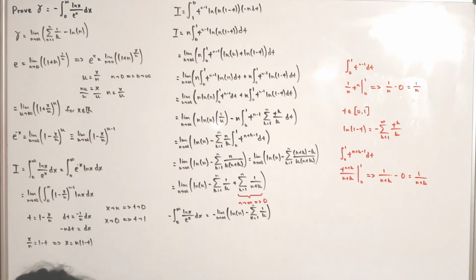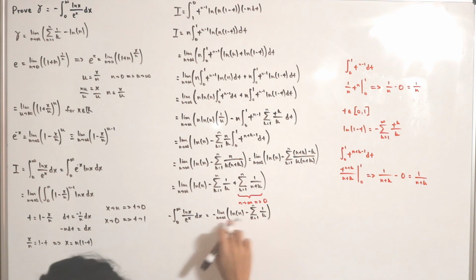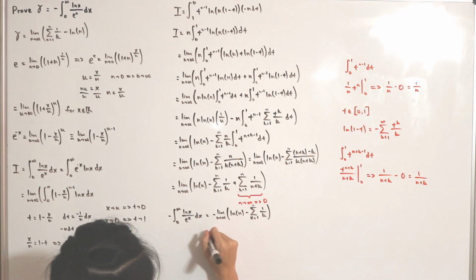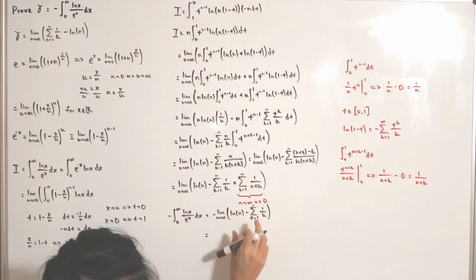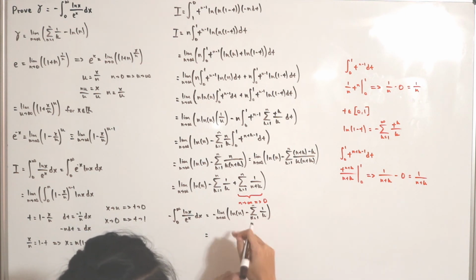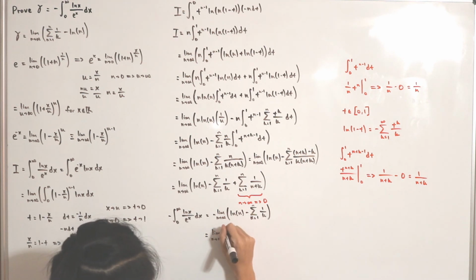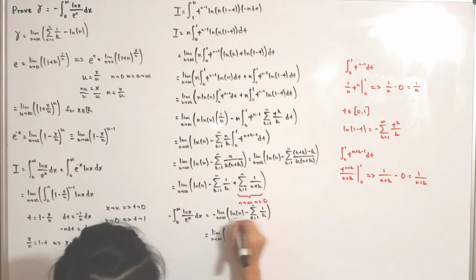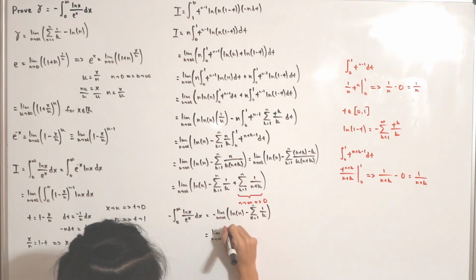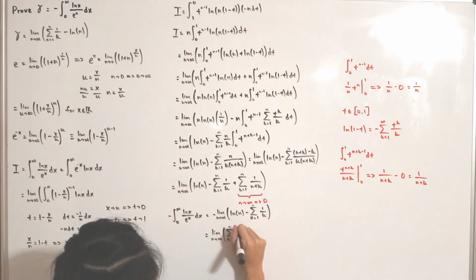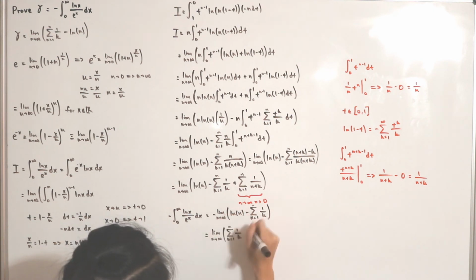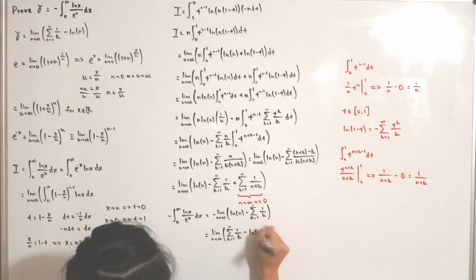Okay, by using the constant of -1, I can distribute the -1 into here, and I can also reverse our terms since addition is commutative. So this is now the limit as n approaches infinity of, so this will be positive when I distribute the negative, so the series will come first, the summation from k equals 1 to n of 1 over k, and then minus the natural log of n.